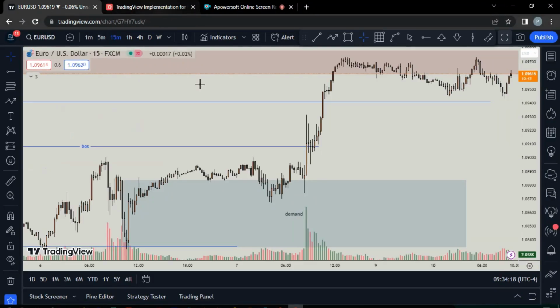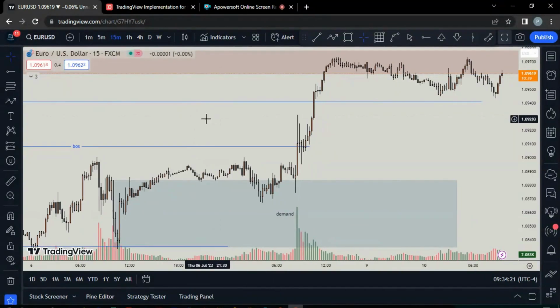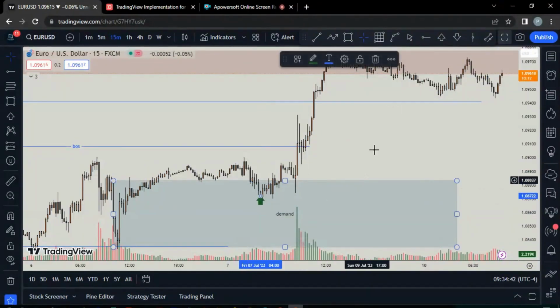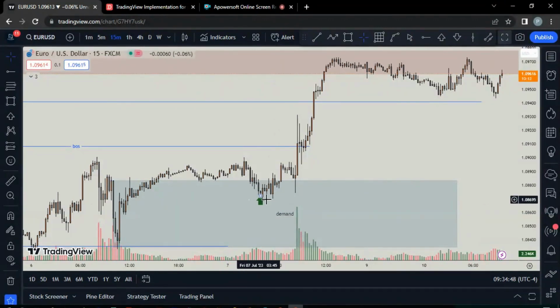When you come here on Euro USD, the principle behind it is, if people want to buy at this point that you're seeing here, then if there are people buying here, there must be people willing to sell.